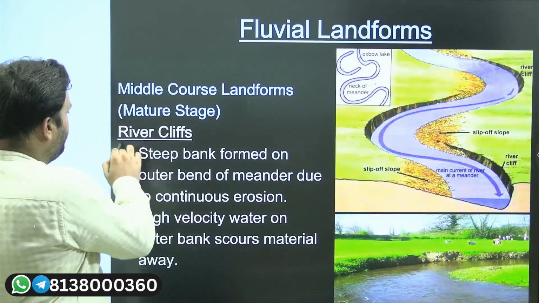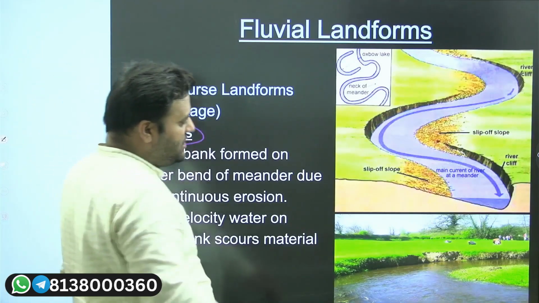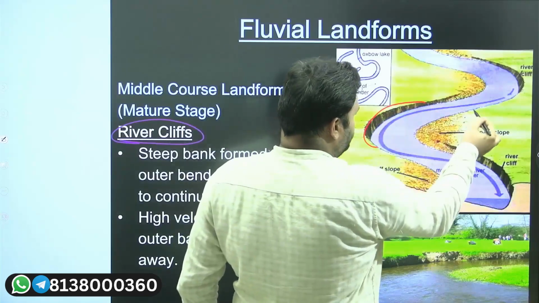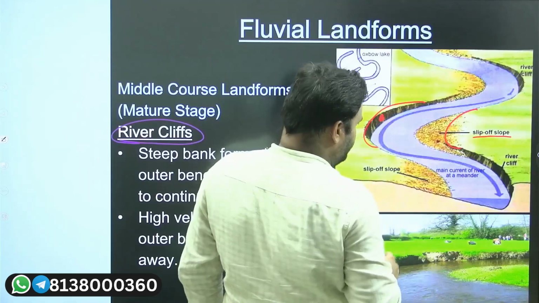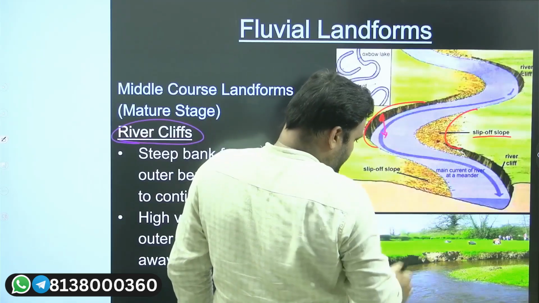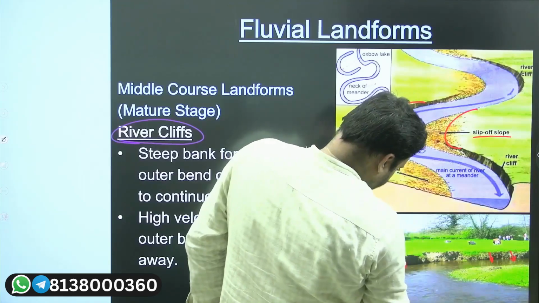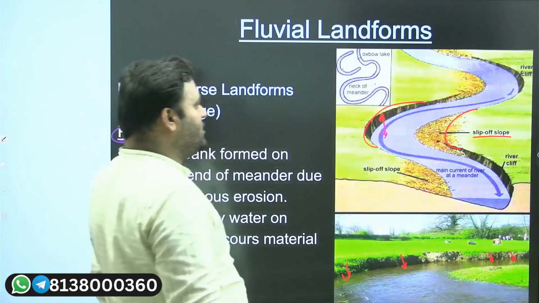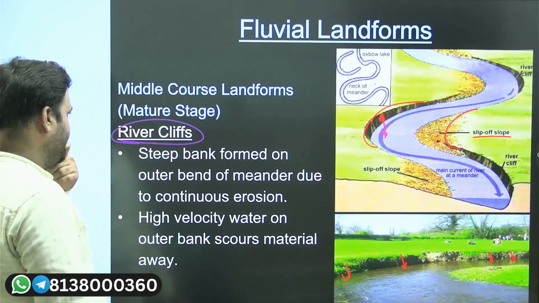River cliff. As a result of lateral erosion, the more lateral erosion, or let's say if we have this kind of aspect, slip-off slope and undercut slope, for example, here we have some sort of cliff which is formed, and that will be called what? River cliff.